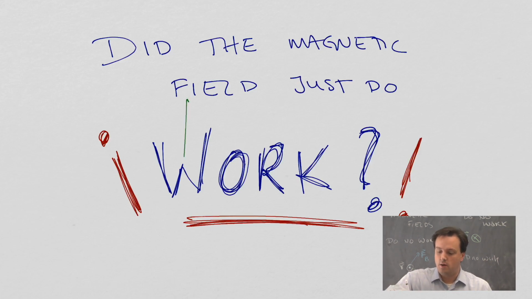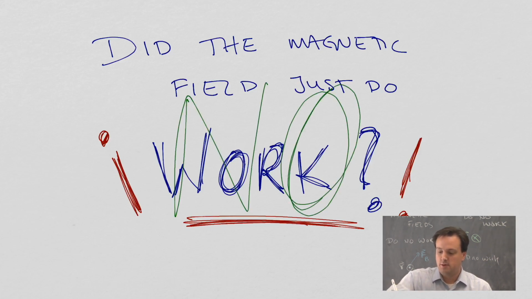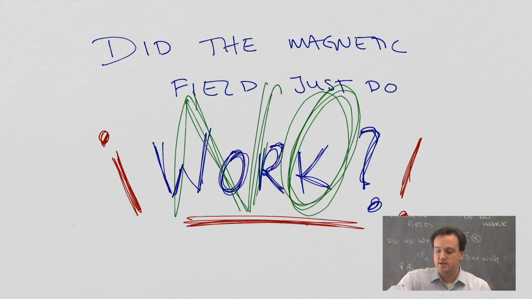And so, no. The magnetic field did no work. But it almost seemed like it did. What the magnetic field did was induce an electric field by moving charges around, and the electric field did work. Okay? That's the second piece of this great puzzle that we have.